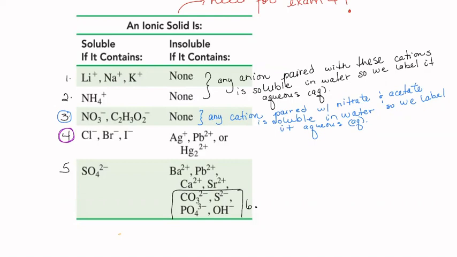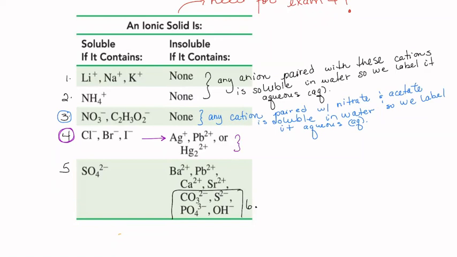In number 4, it says that if a compound contains chloride, bromide, or iodide, it's going to be soluble in water. Now we see that next to it, we have a list of cations: silver, lead 2, mercury 1.